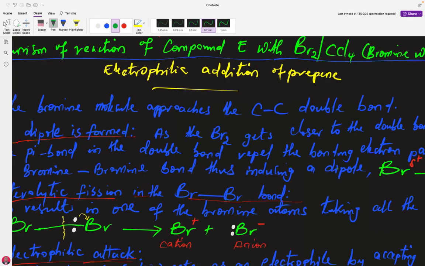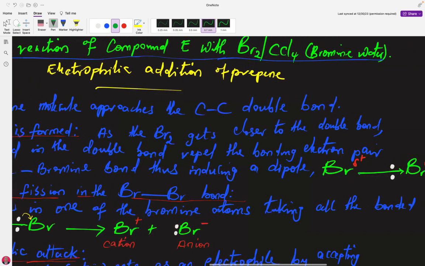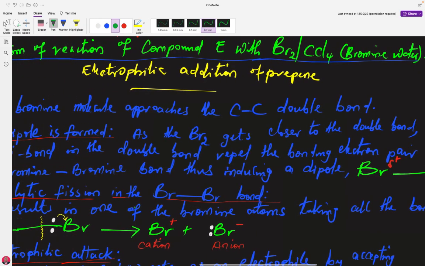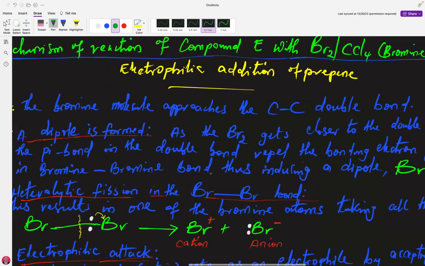That's all. And then you can draw the molecule like this: bromine having a partial positive, the double bond, then the other bromine with a partial negative. That's a dipole that is being formed. These are two poles.